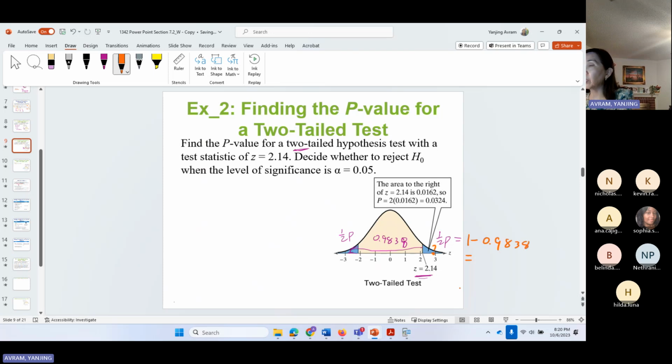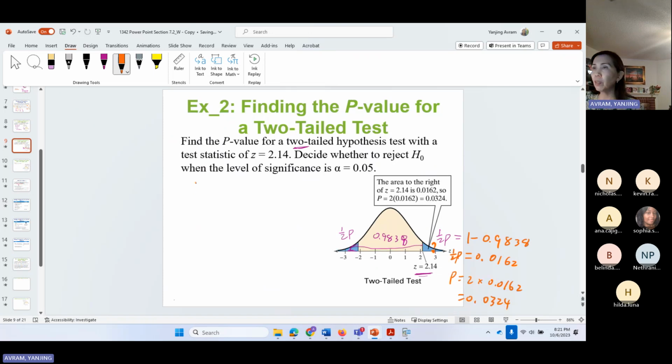Subtracting from 1, that will be 0.0162, which is just half of the p. So my p, I have to multiply by 2. It's 2 times 0.0162, which is 0.0324.